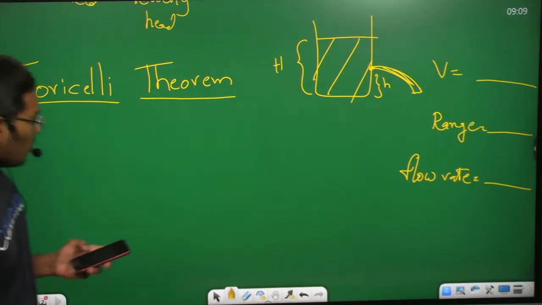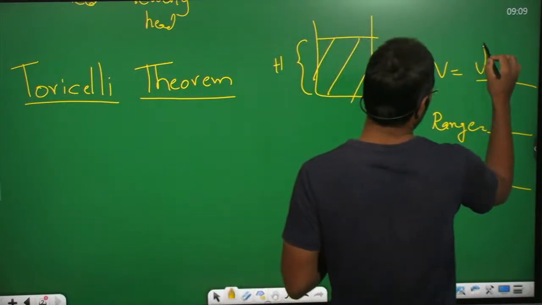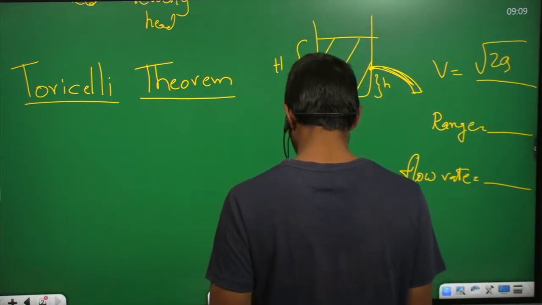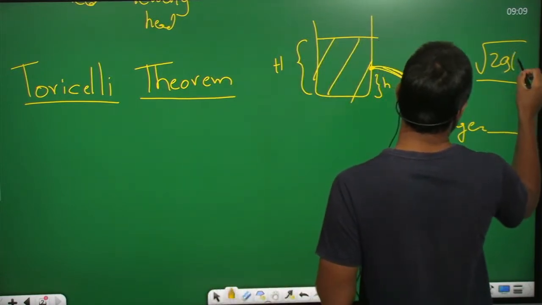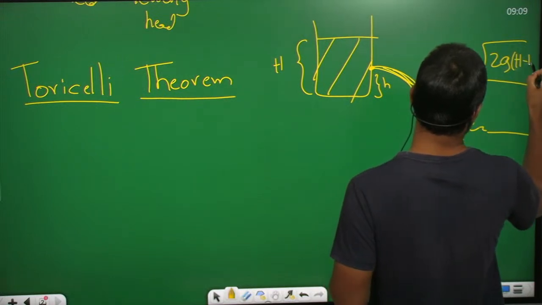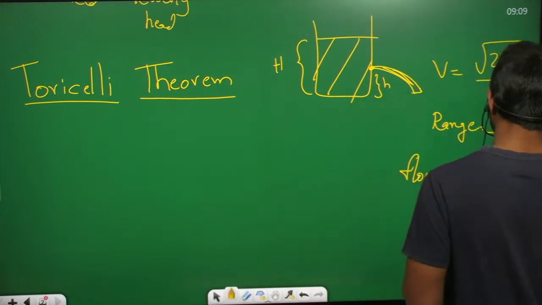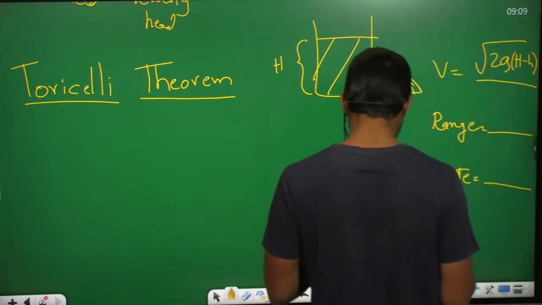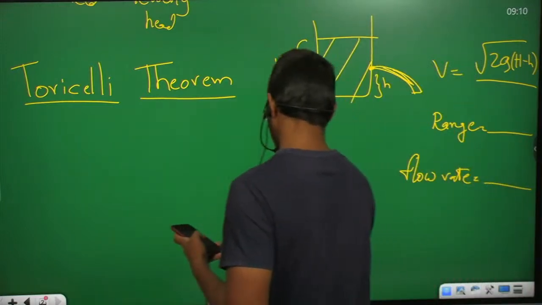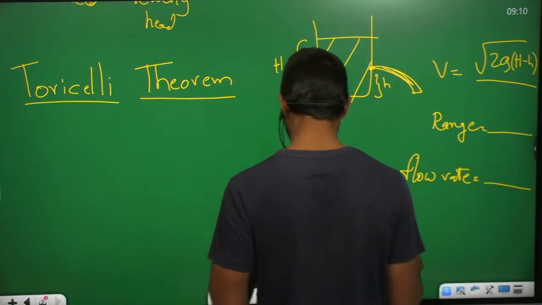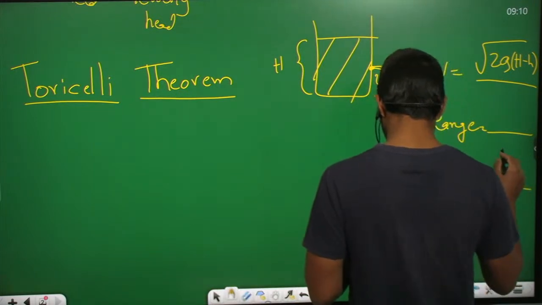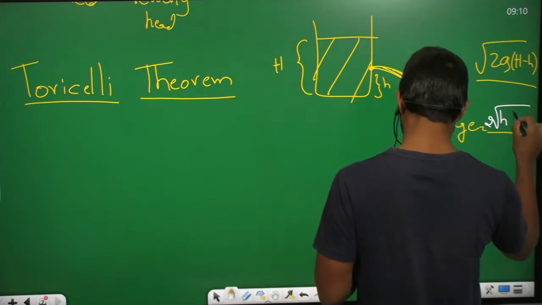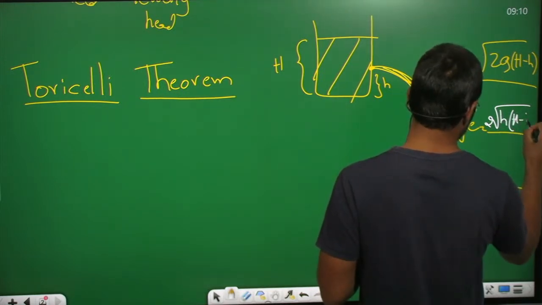Okay, what is this formula? Under root 2gh. What does h stand for? This is capital H minus small h. So what is this range? Two under root h into capital H minus small h.